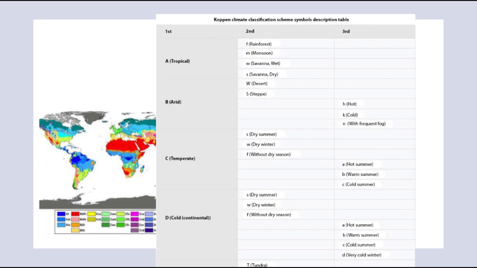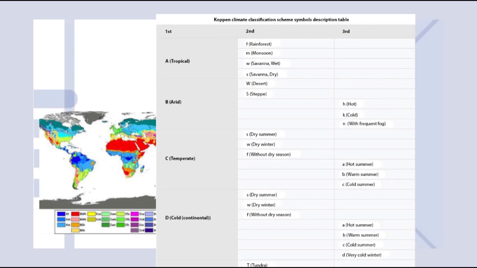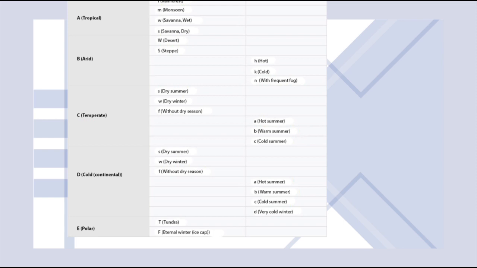In places apart from the polar region, he had climatic types like F, which represents humid climates, M to represent monsoon climates, W to represent dry or high moisture conditions. While in the polar region, he had T and capital letter F to represent snowy areas and ice cap areas that were in permanent frost conditions.